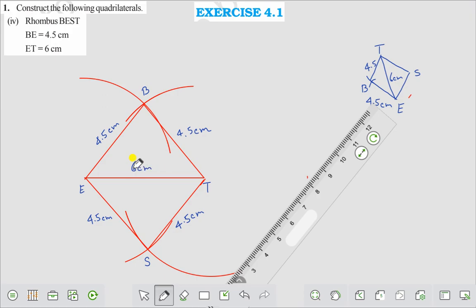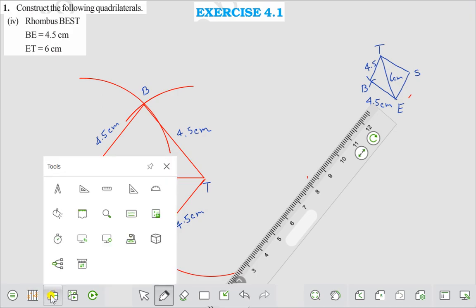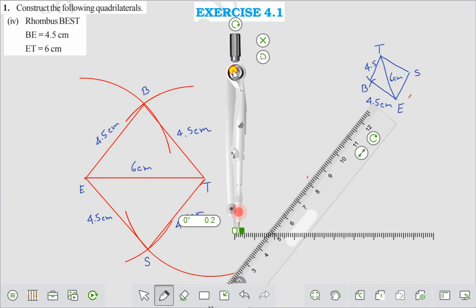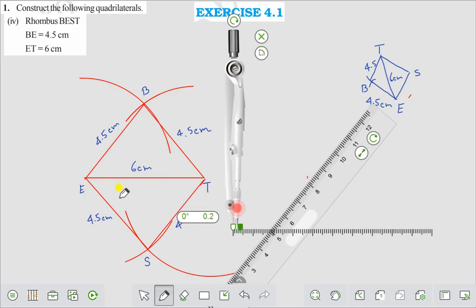Now we are repeating once again how we get it. First of all we have taken a line ET as 6 centimeter. With E as center we cut 4.5 centimeter, and with T as center we cut 4.5 centimeter, because in a rhombus all the sides are the same.